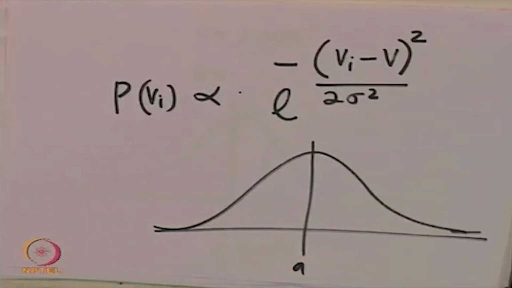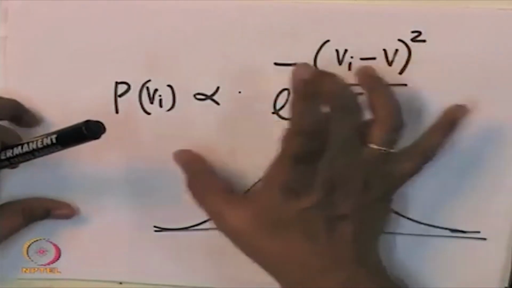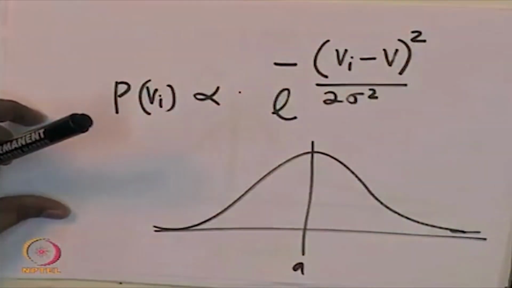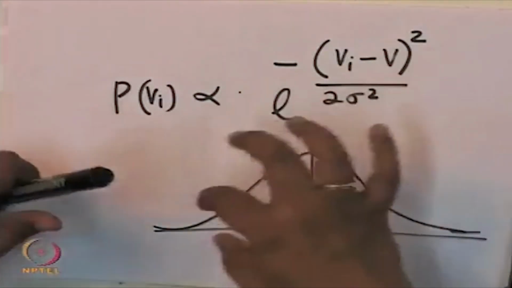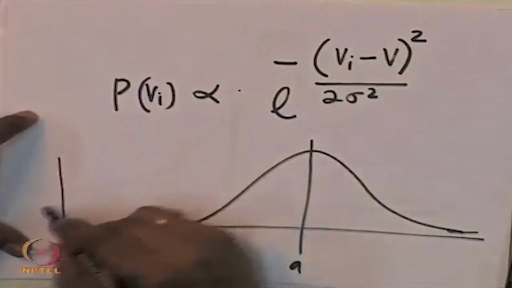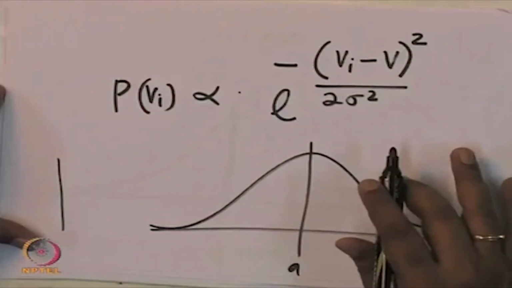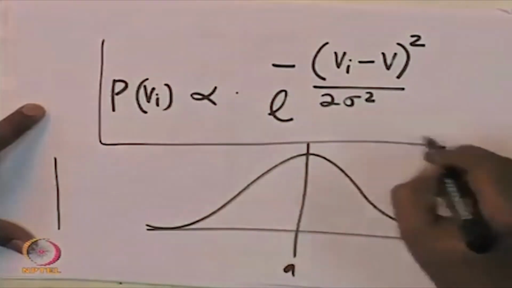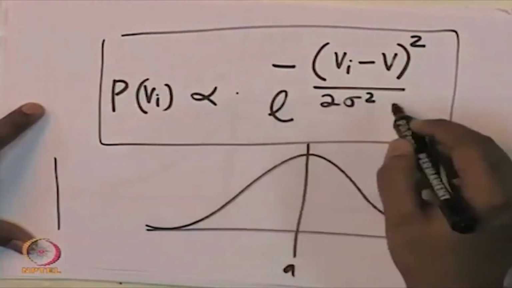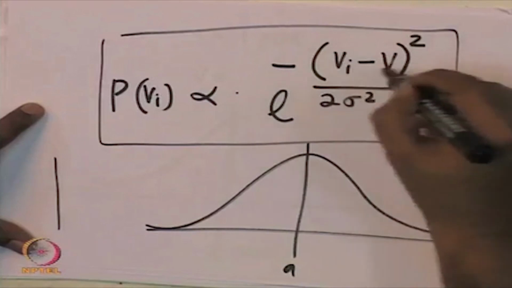So, basically what we want is to maximize the likelihood of getting this particular V I. This is for a particular measurement. For all measurements, for different values, you can expect this distribution to be a Gaussian again. So, you are maximizing this P. Maximizing this P turns out to be like minimizing this difference.